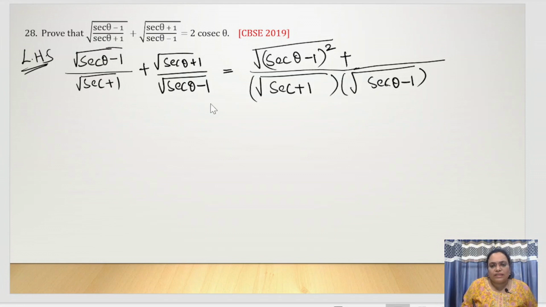plus, see the denominator, you have root of secant theta minus 1 and you have root of secant theta minus 1. So you will multiply root of secant theta plus 1 to root of secant theta plus 1, which is in the numerator. You will get root of secant theta plus 1 whole square.